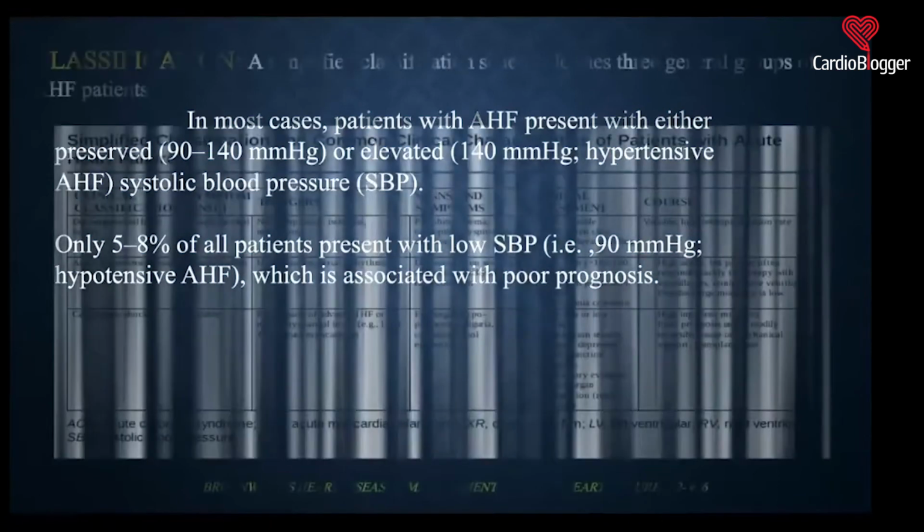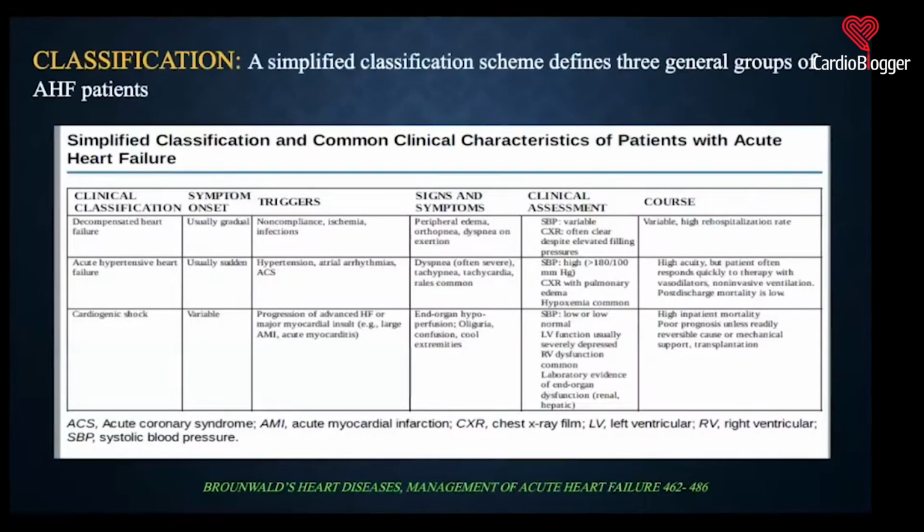Now, as I already discussed, these are the three presentations in the classification of acute heart failure. It can be decompensated, it can be acute hypertensive heart failure, or cardiogenic shock. The symptom onset is usually gradual in cases of decompensation. It is very sudden in a case of hypertensive heart failure. In cardiogenic shock, it can be variable.